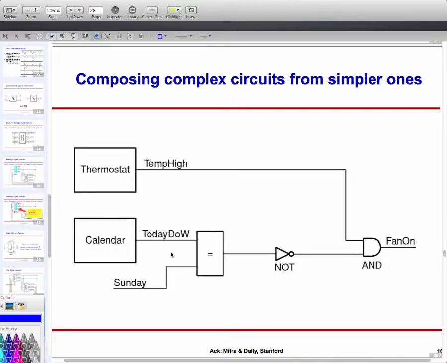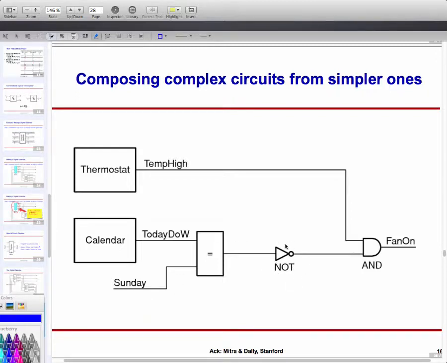So what's happening in this case is that if the thermostat says the temperature is too high, and today is... So what's happening out here is you see this block called equal. What this is doing is its output would be high whenever the two inputs are equal. So if today's day of week is a Sunday, then this is going to be high.